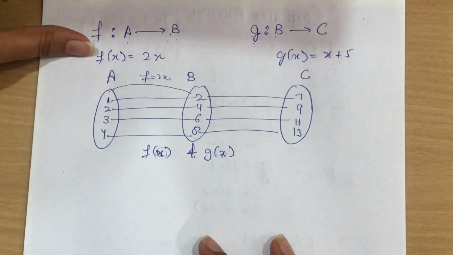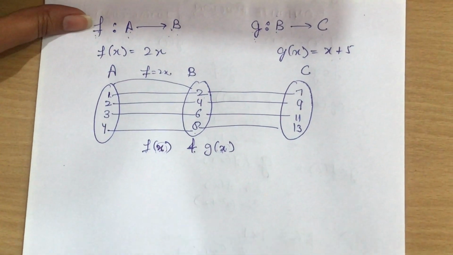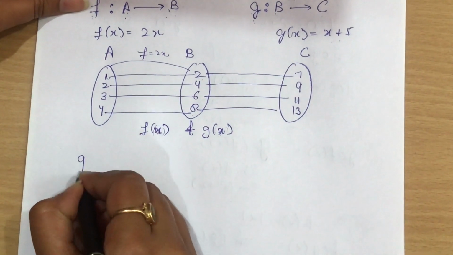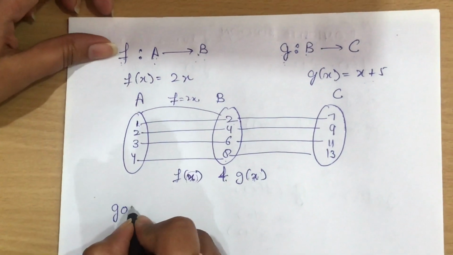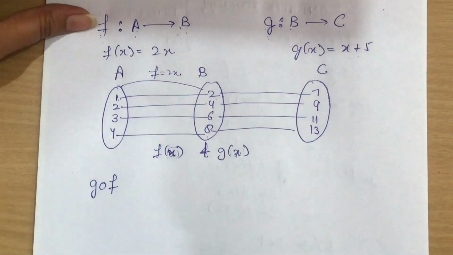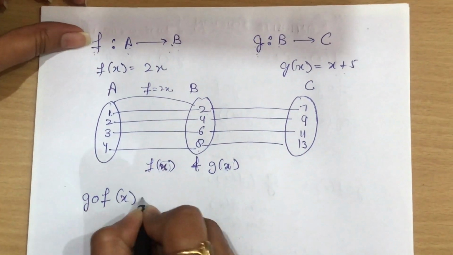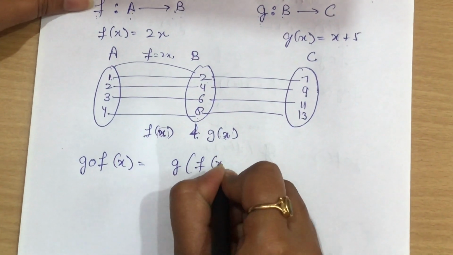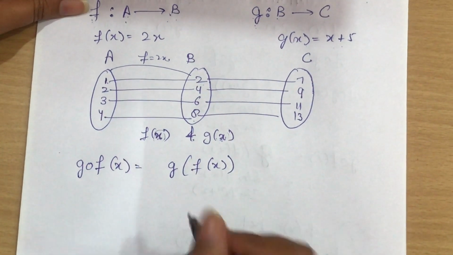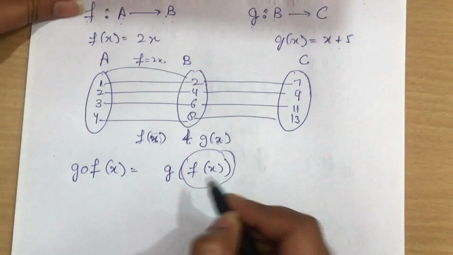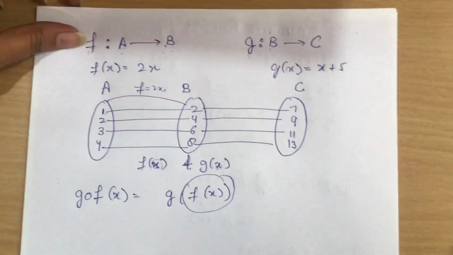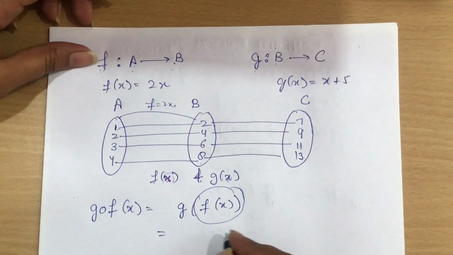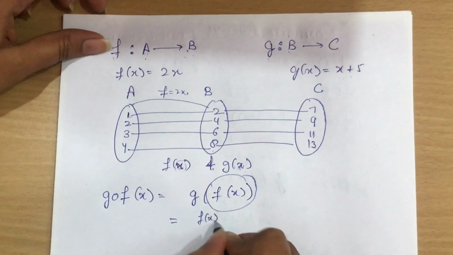Okay, so now you have to find out the domain and codomain when we composite a function. So let's composite a function. For example, if you composite two functions, g composite f, what will you get? I repeat, this will equal f of x. And again you have to consider this f of x as your x, so the function becomes g of x, and g of x equals what? x plus 5. x plus 5 means f of x plus 5.